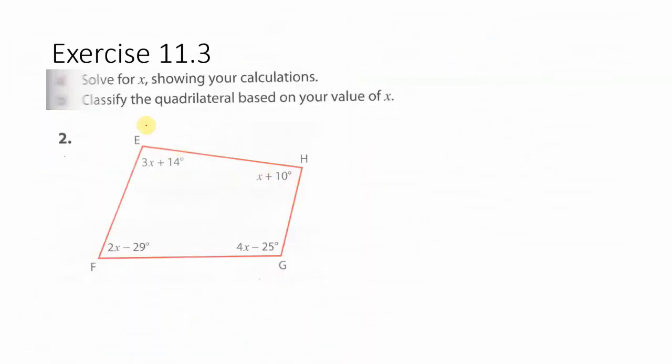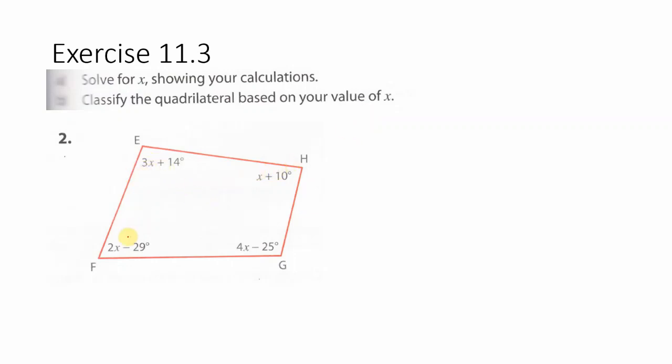So let's see if we can use this knowledge in exercise 11.3. We have to solve for x, showing our calculations. That's the A part, and then once we have done that, we have to classify the quadrilateral based on our value of x.